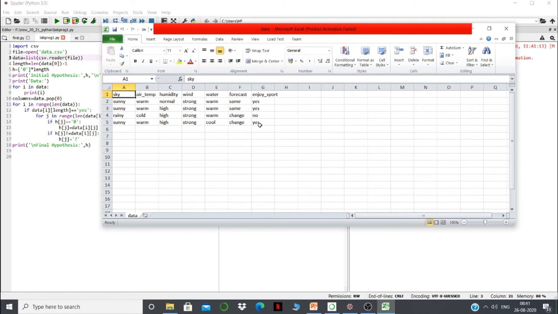According to the Find-S algorithm, it can address only the positive examples, not the negative examples. So the positive instances are considered, not the negative instances. So we need to take the attributes from sky to forecast, not enjoy sport. Enjoy sport is the target concept.